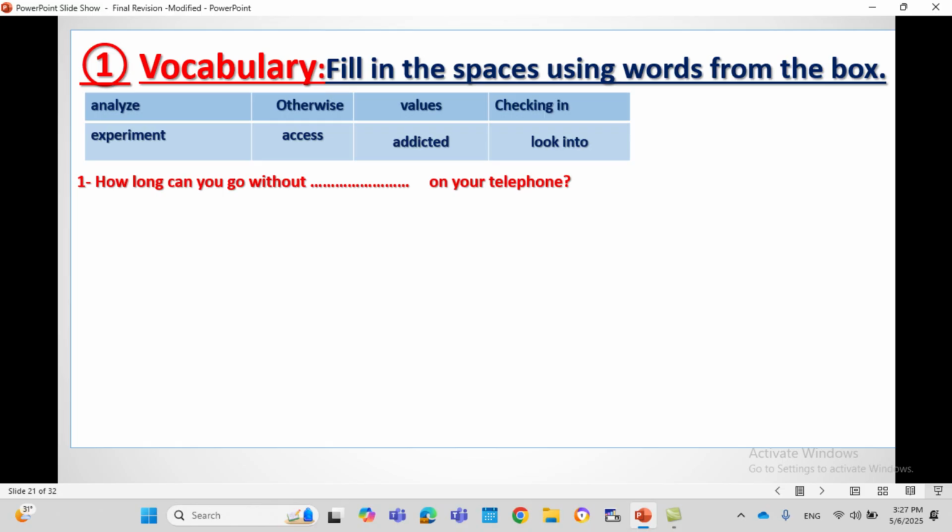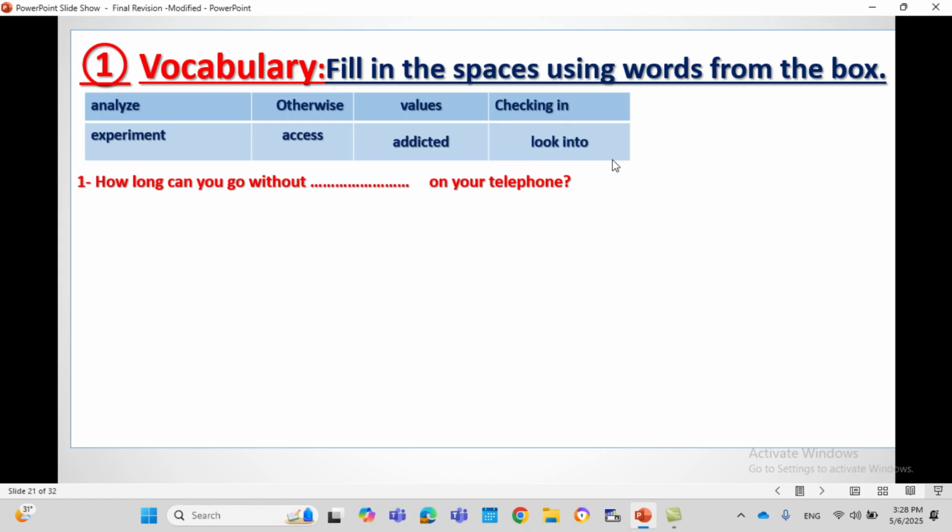We have the adjective addicted, and addicted means the inability to stop doing something, especially a habit. If you cannot stop doing something, this is what we call addiction. As we say, addicted to drugs, addicted to video games, means that you are unable to stop taking drugs or playing video games. Okay? So this is the meaning of addicted.